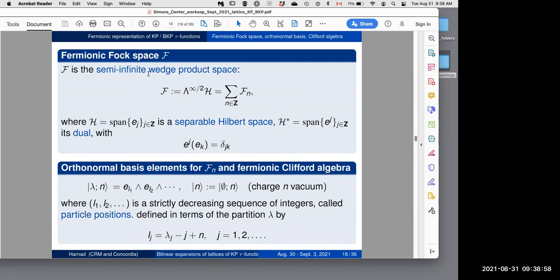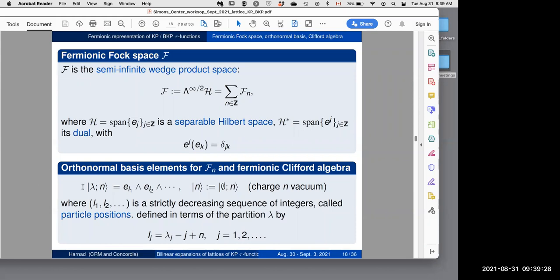We take a separable Hilbert space H, spanned by an orthonormal basis e_j, and its dual, the algebraic dual with its basis. And we form the semi-infinite exterior product. That is the fermionic Fock space, the unique irreducible module of the underlying Clifford algebra. I'll define what the Clifford algebra is in a moment, but basically it's the spinor module.